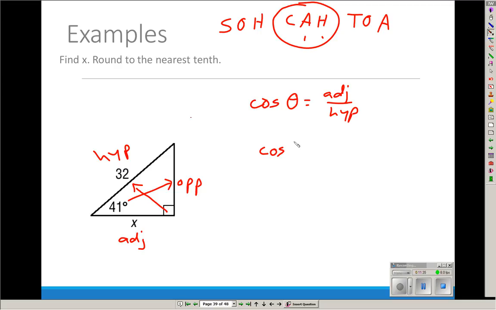Substitute in. Theta is 41 degrees. Adjacent is x. Hypotenuse is 32. And when x is the numerator, that's x divided by 32. We'll multiply both sides by 32. So 32 times cosine 41 and 32 times x over 32.